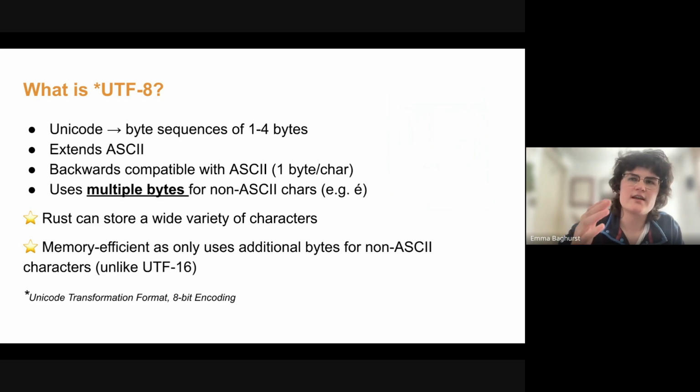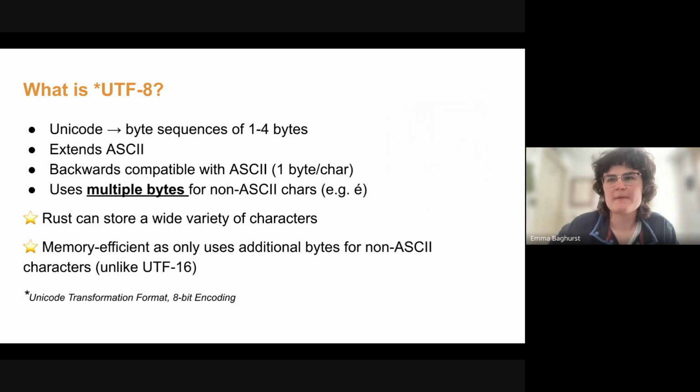It's interesting because it's backwards compatible with ASCII. The first 128 characters in UTF-8 are the same as the ones in ASCII, and they're encoded with 1 byte per character. But subsequent characters that aren't in ASCII are encoded using multiple bytes. I emphasize this for a certain reason, which I'll come to later, because it's important when considering string slicing in Rust.